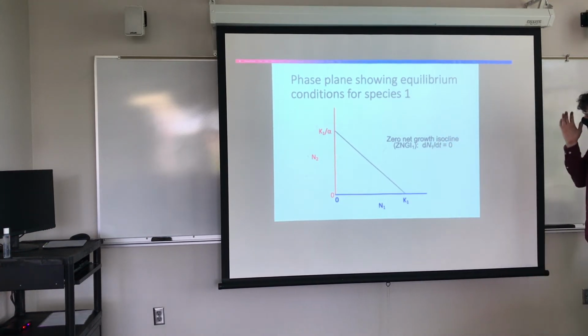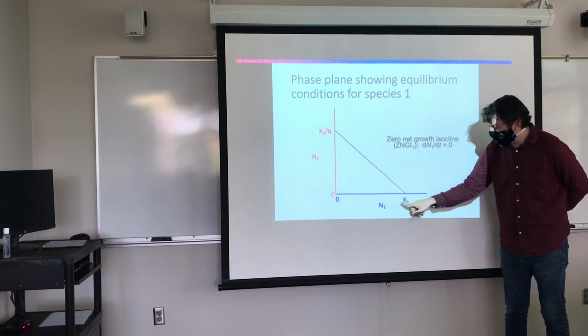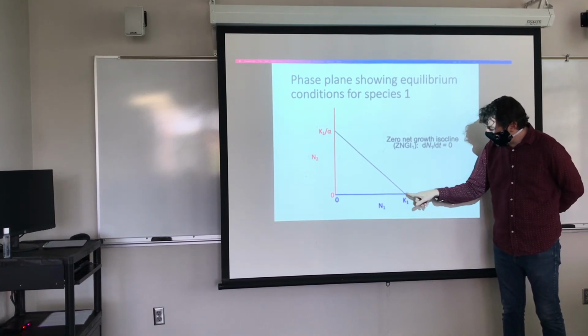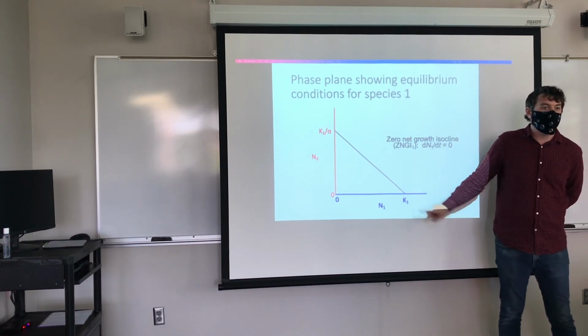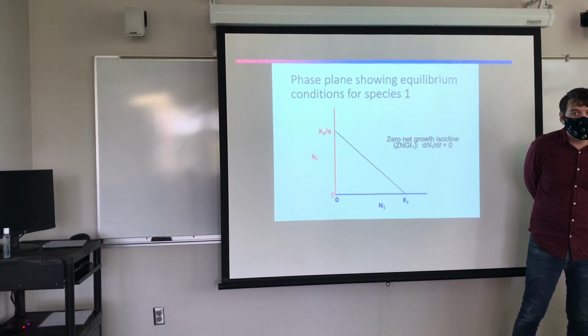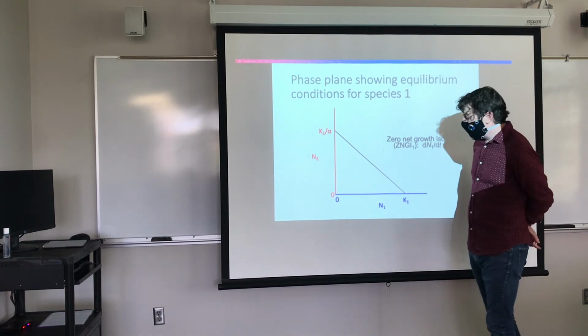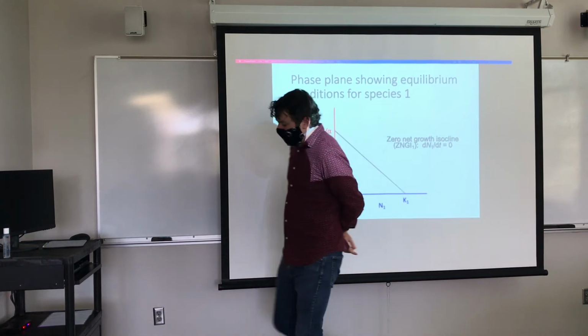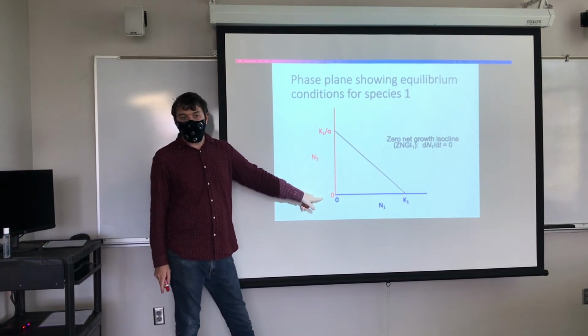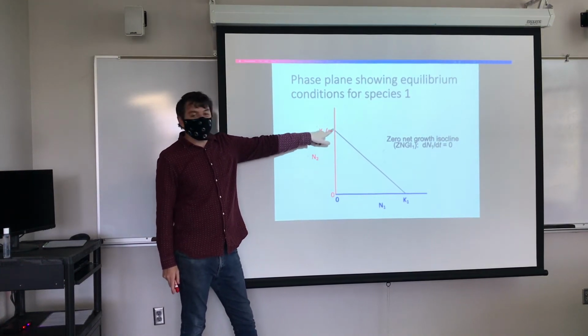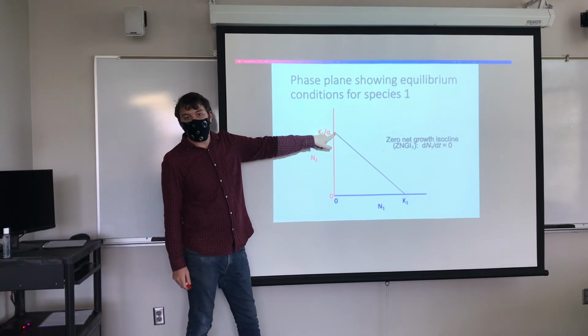Now, what's this line? Well, we solved for the population size. What happens when n1 equals k1? What's happening to that population at that point? It's staying the same. What happens when all of the individuals of species 1 have gone extinct and your population size of species 2 is way up here?